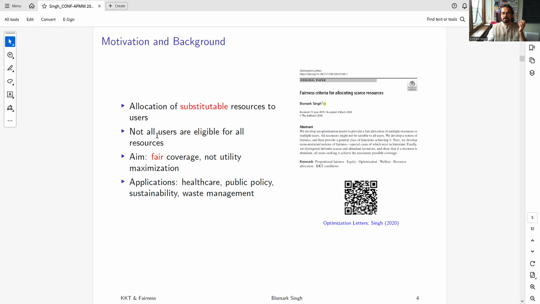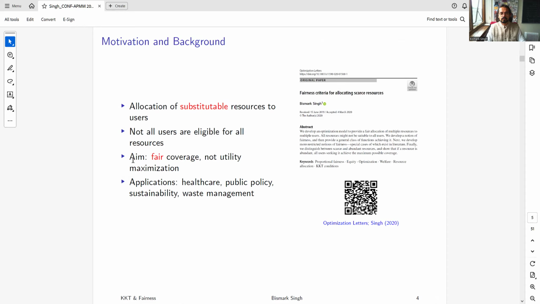There's a set of resources that are eligible only to a set of the users and vice versa. It will become more clear when we deal with a concrete example. But for now, let's think about this as you being eligible for buying only a certain set of chocolates, and some of those set of chocolates are only eligible to another user. Okay, and our aim for this setting is to ensure a fair coverage.